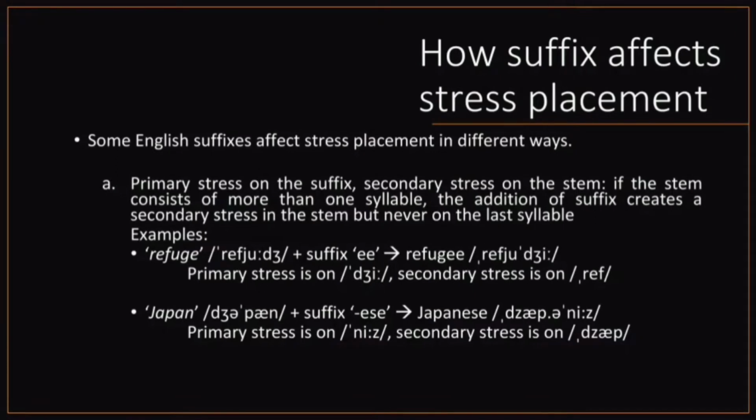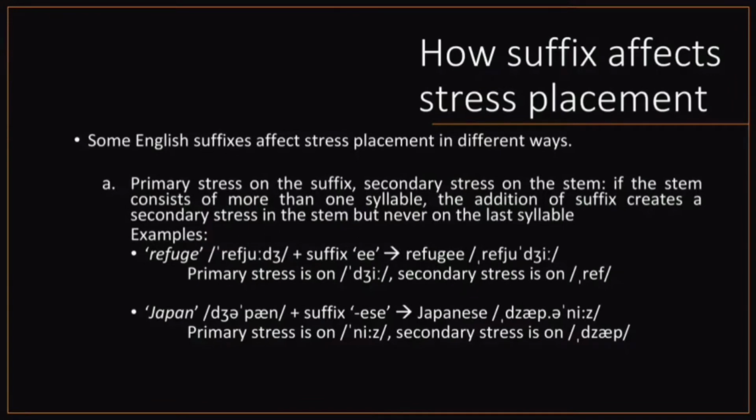Next, we will look at how suffixes affect stress placement. Some English suffixes affect stress placement in different ways. First, suffixes carrying primary stress themselves: primary stress on the suffix and secondary stress on the stem.